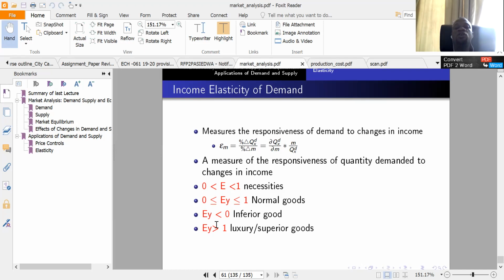If the elasticity is less than 0, if it's negative, then it's an inferior good. So as your income increases, you buy less. And if it's greater than 1, then it's a luxury. As your income increases by 1%, you're already asking for more.